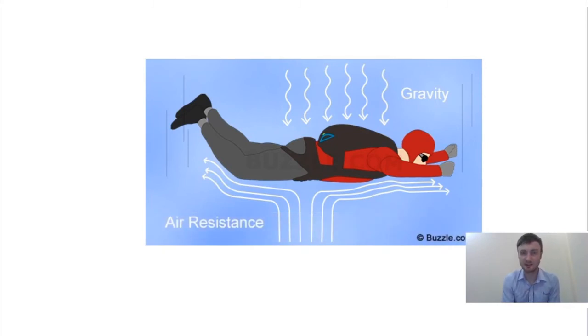Air resistance. So on the Earth we have an atmosphere with lots of gases in our atmosphere. So when an object is falling, these gases are in the way. So you have to push them out the way. So they're pushing back. So if something's falling, air is pushing back and slowing you down.